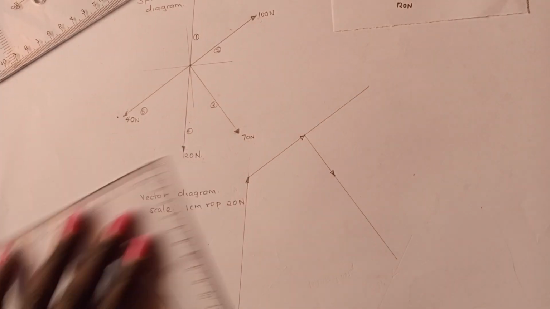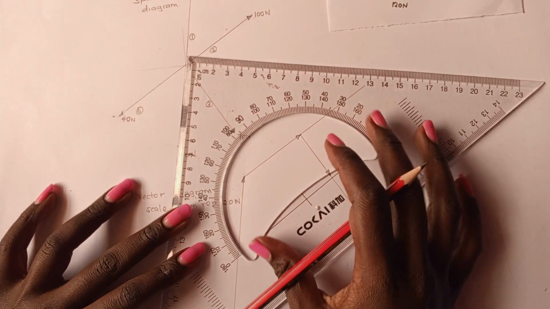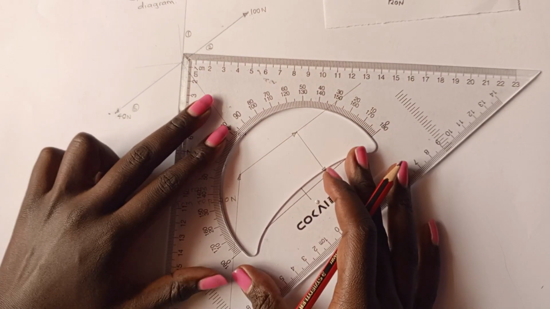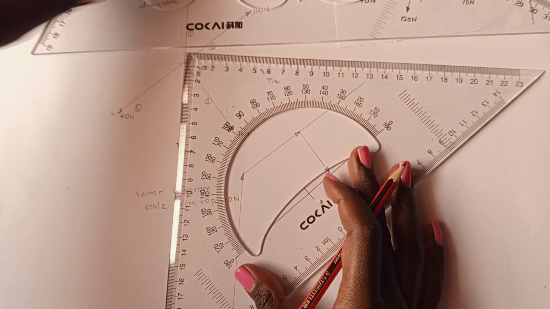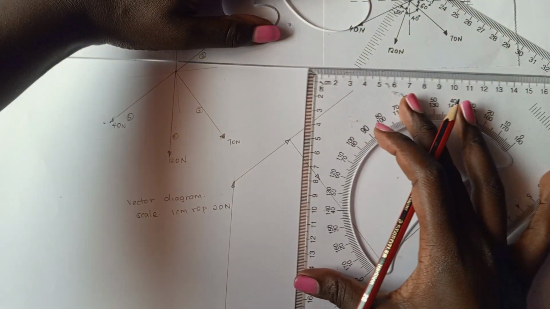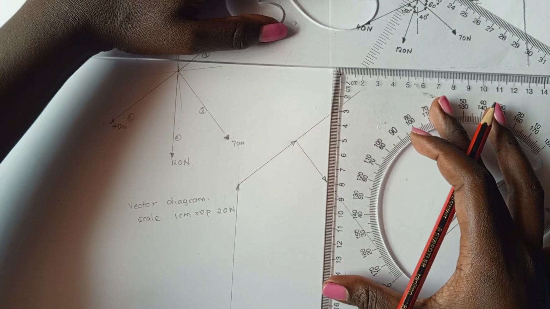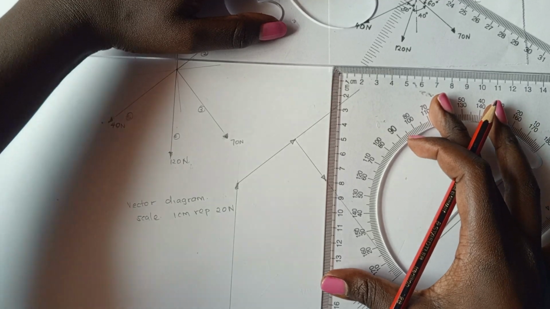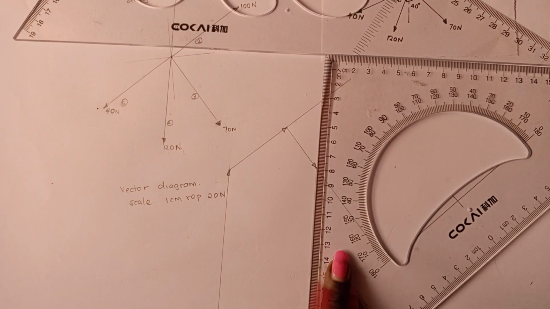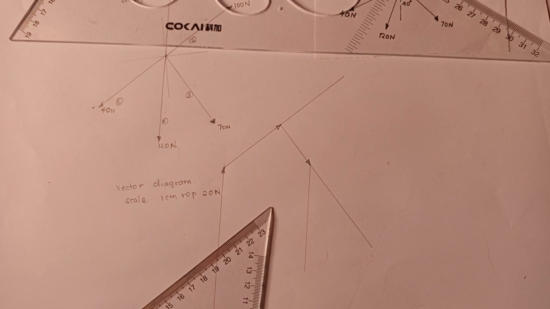We are in our fourth force. So that is it, number 4. Remember, to the nose. So like that, we sweep it. So it's 120 to give us 6.